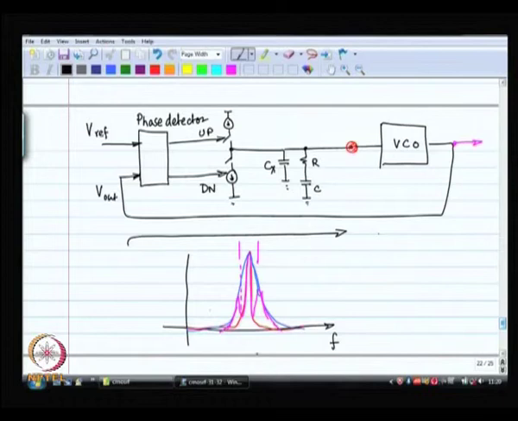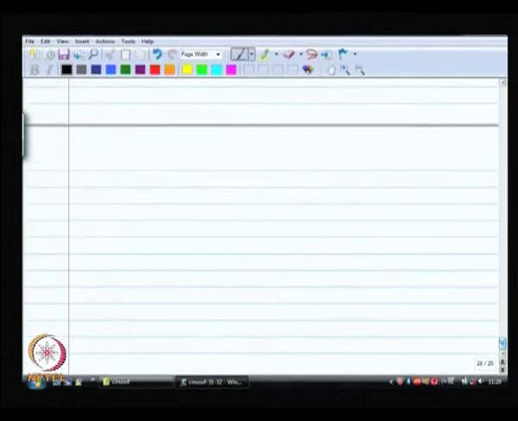So, what have we achieved with this? If the reference oscillator is oscillating perfectly at 1 gigahertz with 10 ppm of variation, then the local oscillator, the voltage controlled oscillator, is also going to oscillate exactly at 1 gigahertz with 10 ppm of variation.